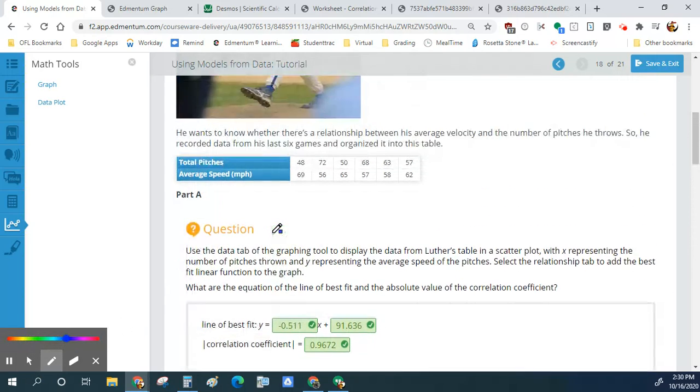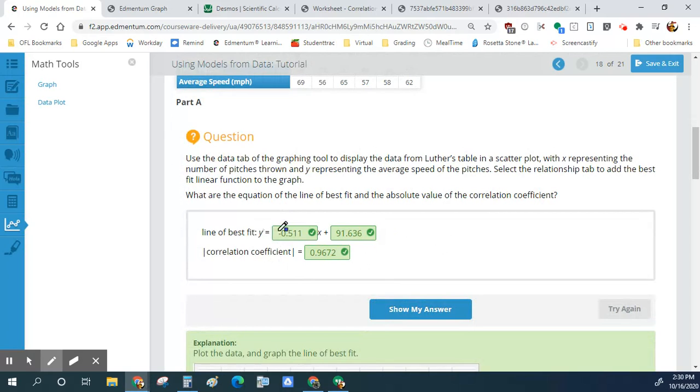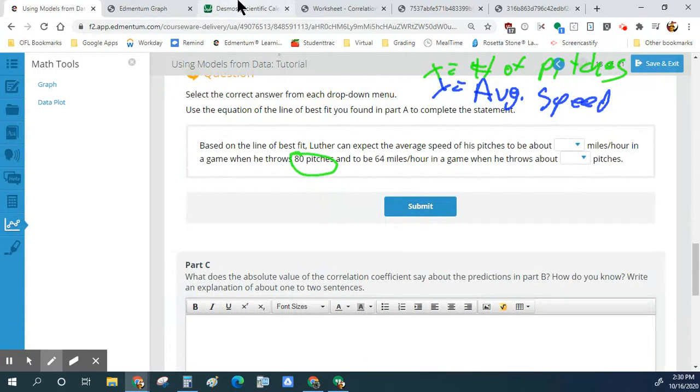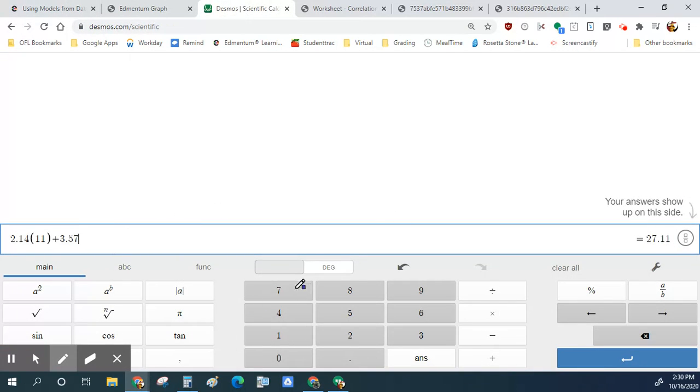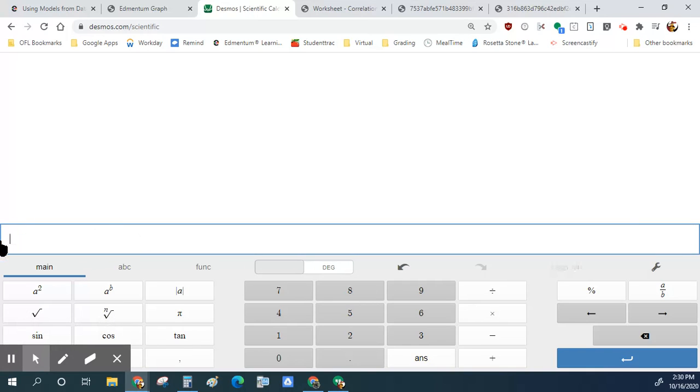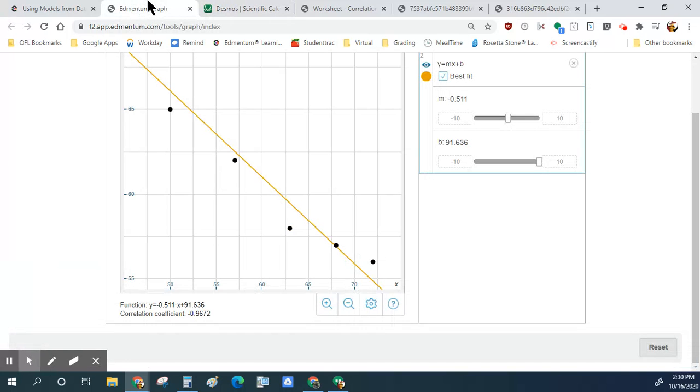What I'm going to do here is write this equation down. I have the equation over here, so we're going to enter this into a calculator. Going back into mouse mode. We don't really need to enter the y because that's what we're solving for. So I'm going to do this as negative 0.511, parentheses, he's pitching 80 pitches.